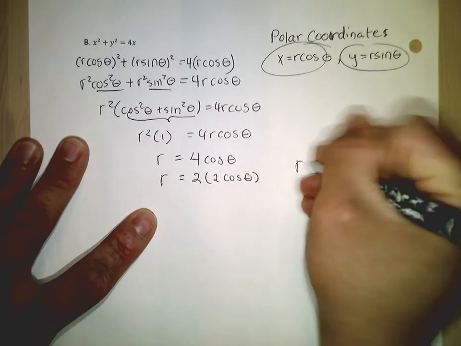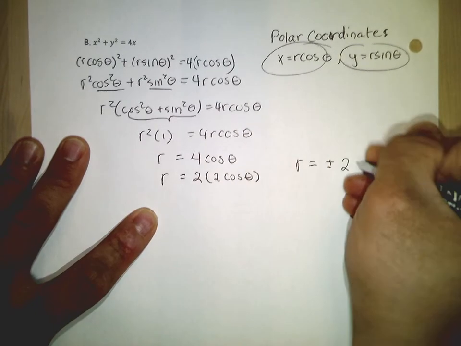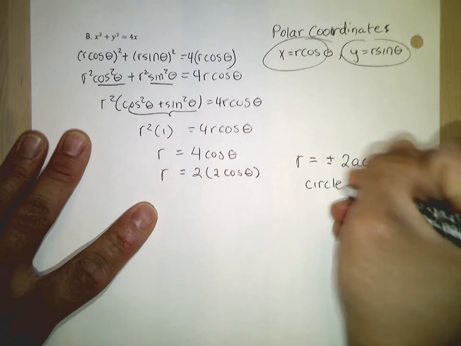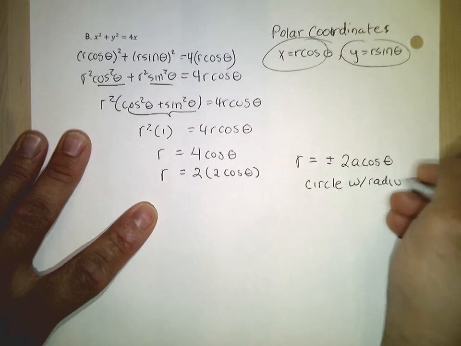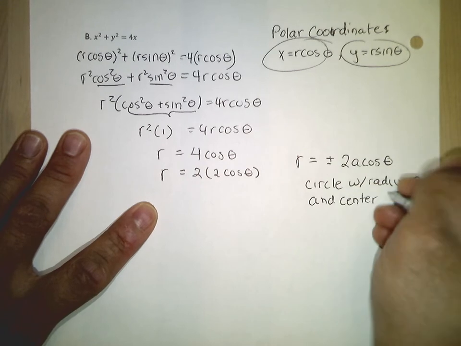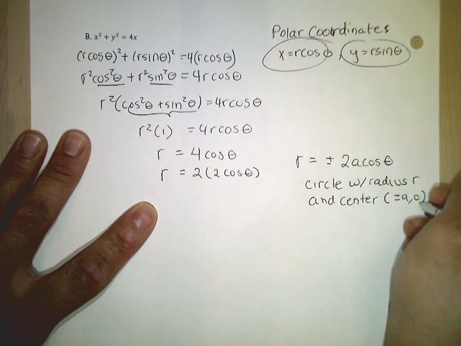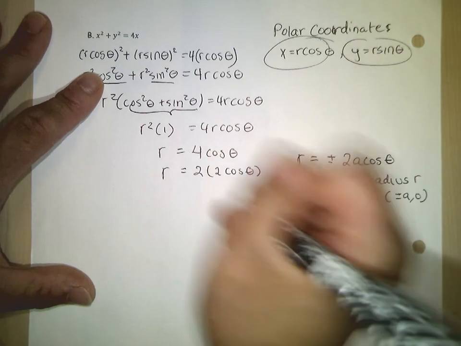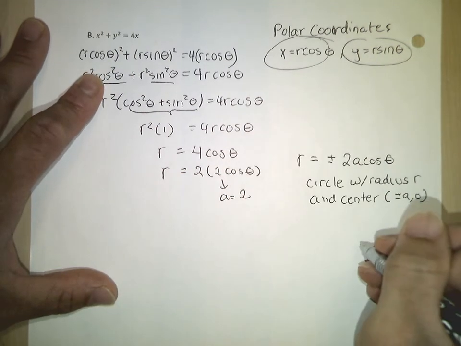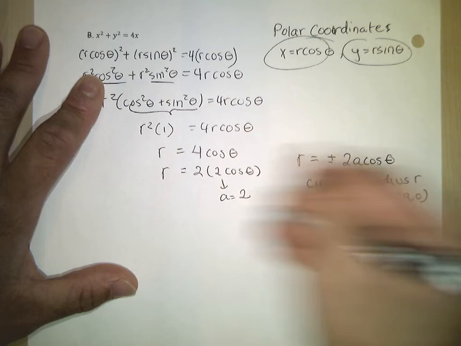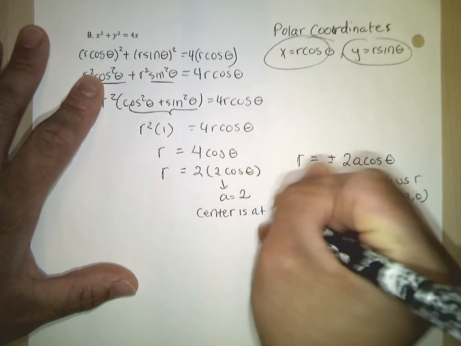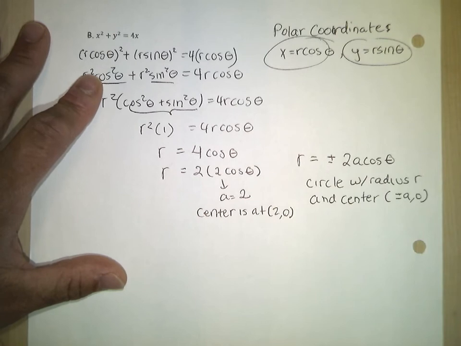And if you remember, r equals plus or minus 2a cosine of theta was a circle with radius a and a center at plus or minus a, 0. So in this case, the a is 2, and so the center will be at 2, 0.